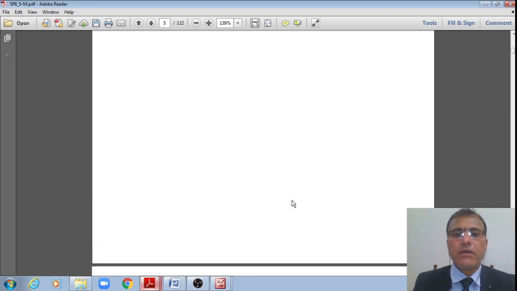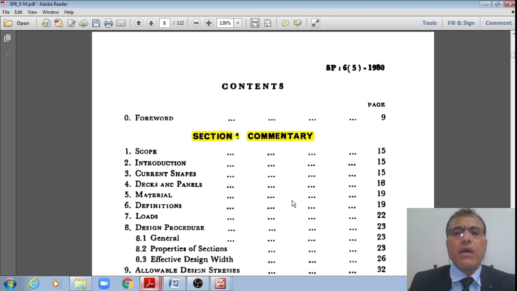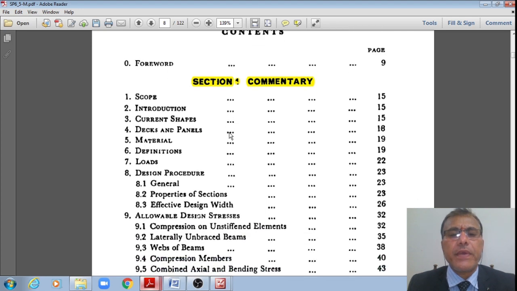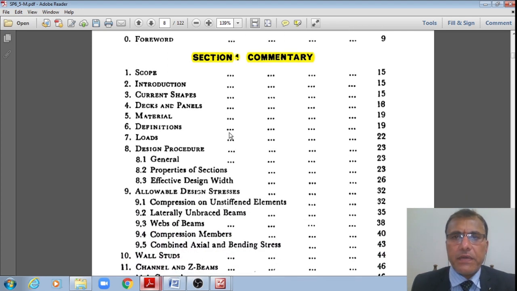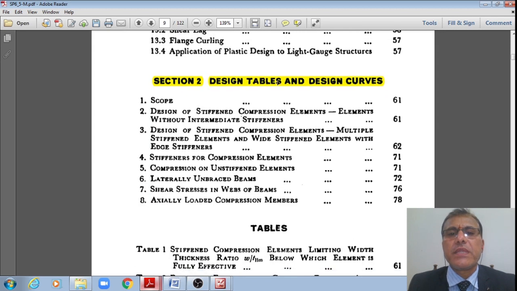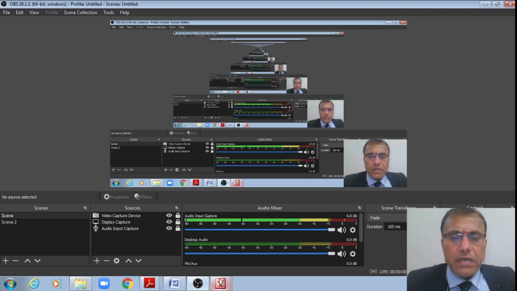Now let us see from this code book what are the different topics that are covered. Section 1 deals with the commentary of this IS 801 code book, followed by section 2, which deals with the design tables and design curves, which can be used readily for ready reference for the designs.